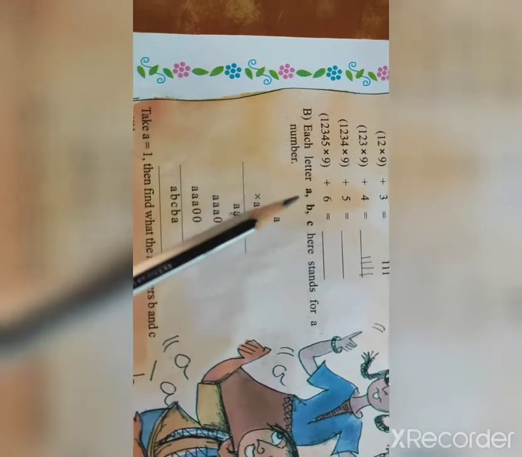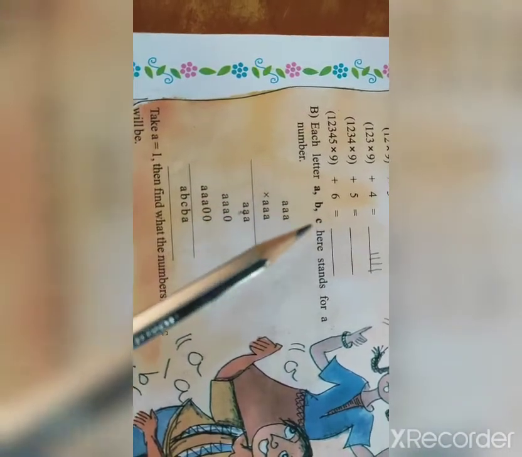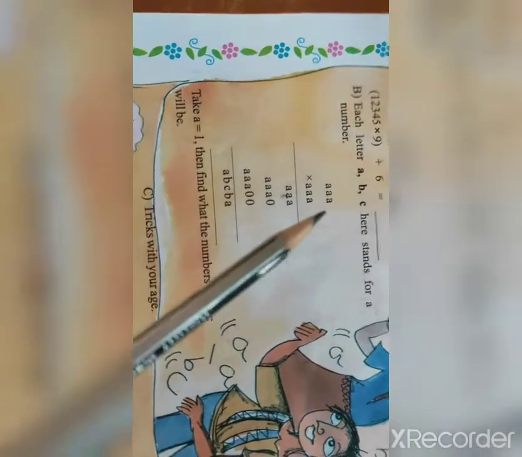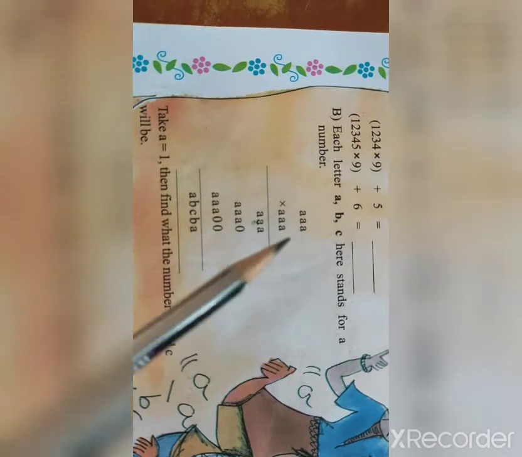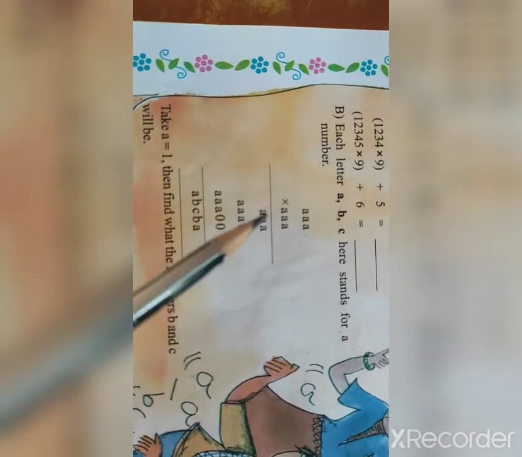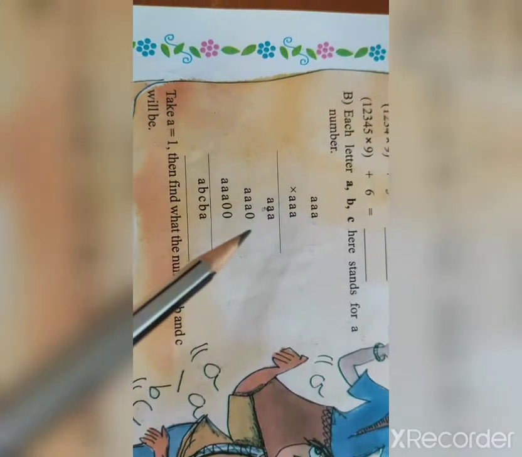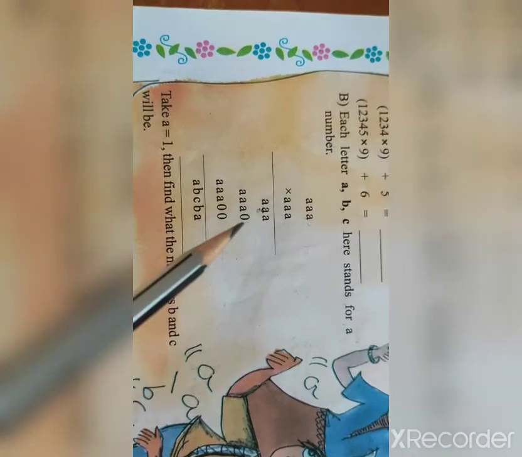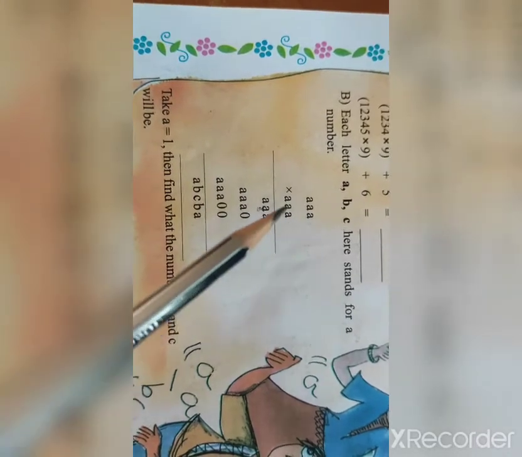Each letter A, B, C here stands for a number. A, B, C. Triple A multiplied by triple A. So A into A. Suppose that. हम ये मान रहे हैं केवल. Then at ones place we will put 0. Then A into A, triple A again.